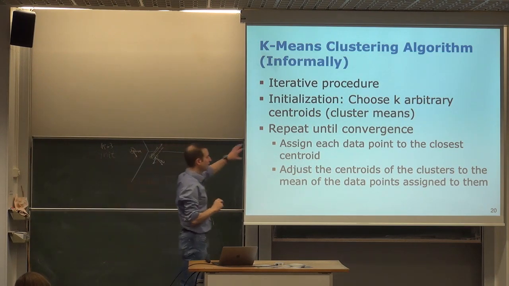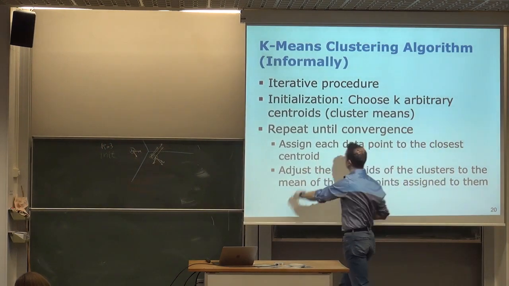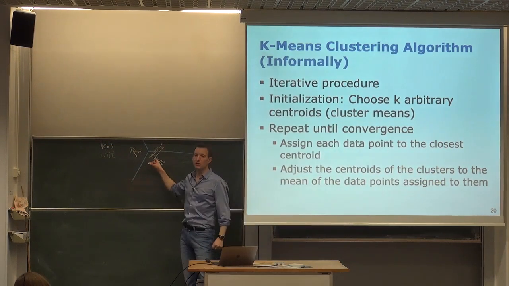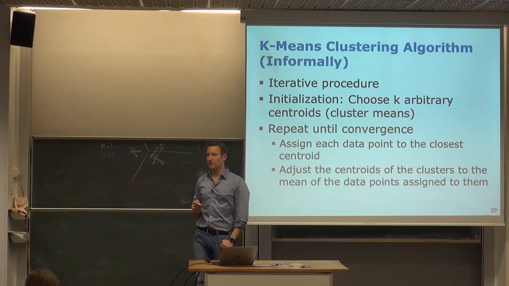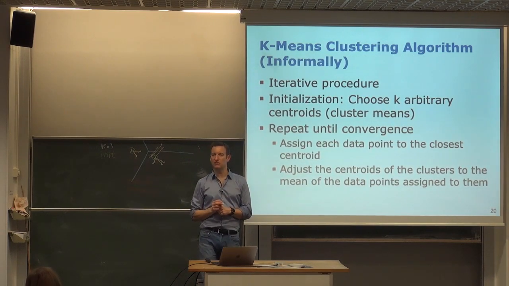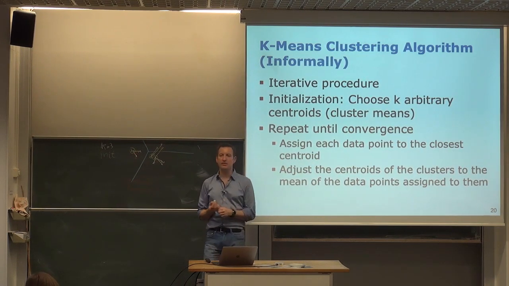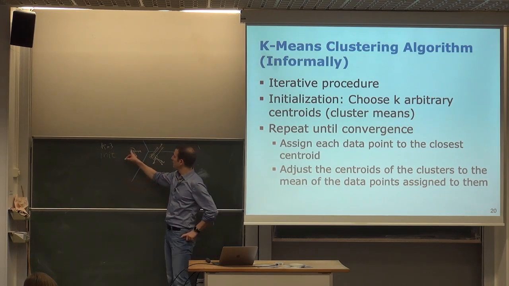This was this step over here: assign each data point to the closest centroid. That's what I've done here, drawn with my white lines. Once I've done this, the next step is to recompute those centroid locations based on all the data points assigned to them. So basically, this guy over here is not a very good representative for those 3 elements over here.